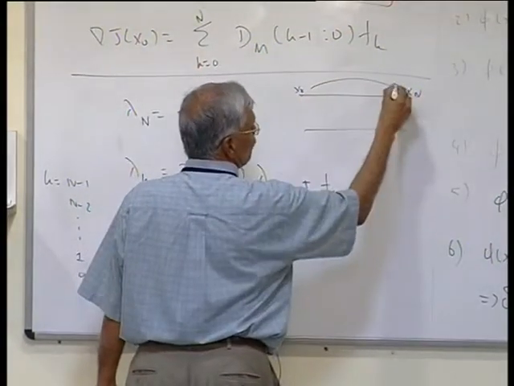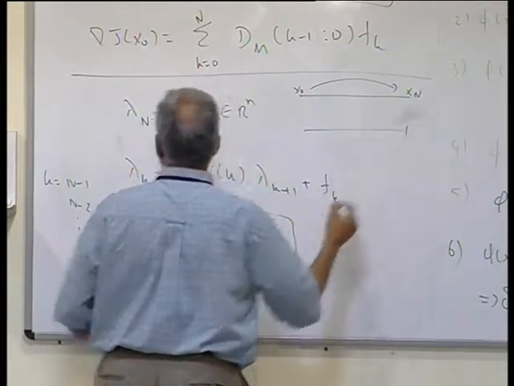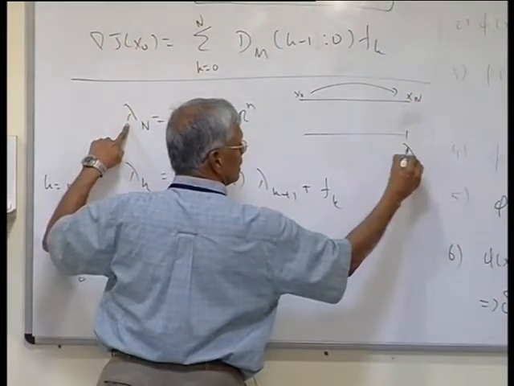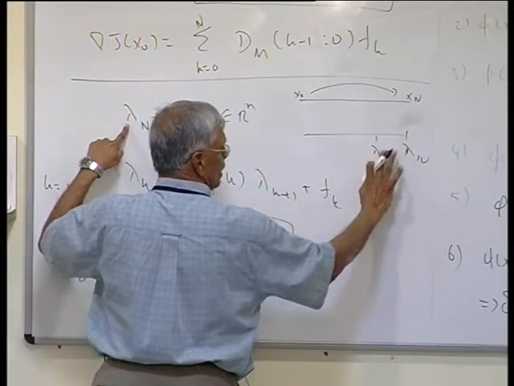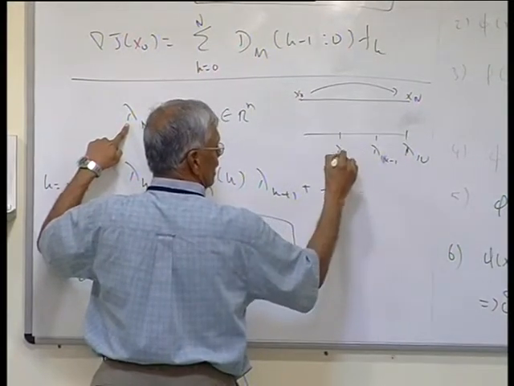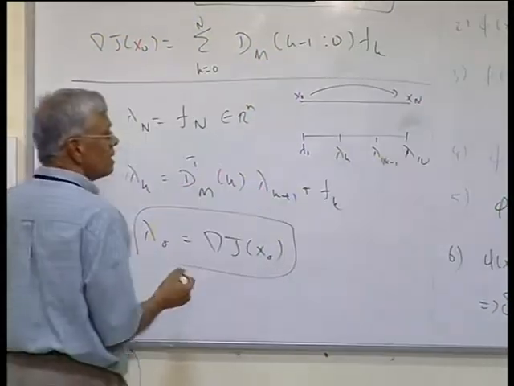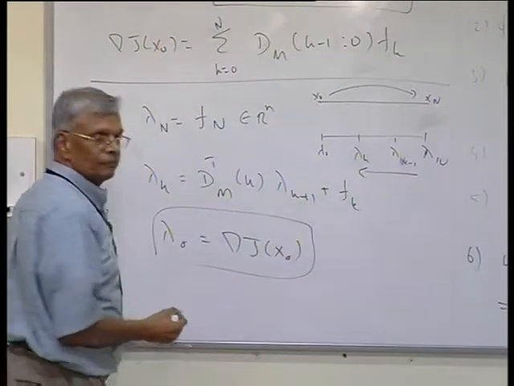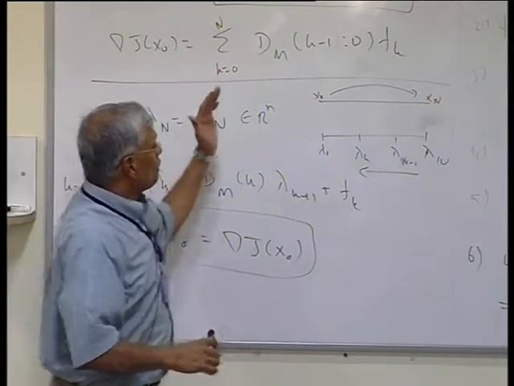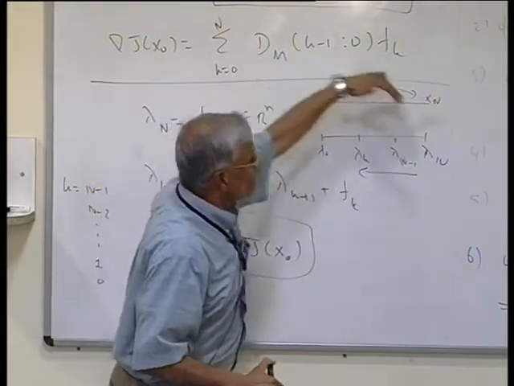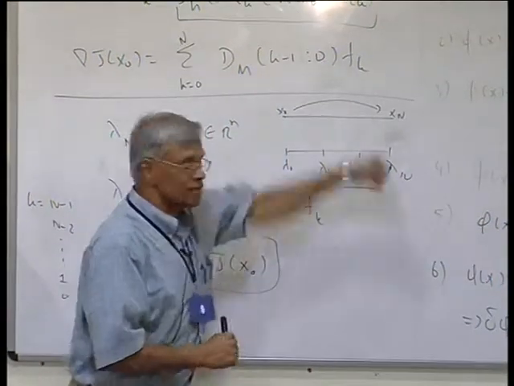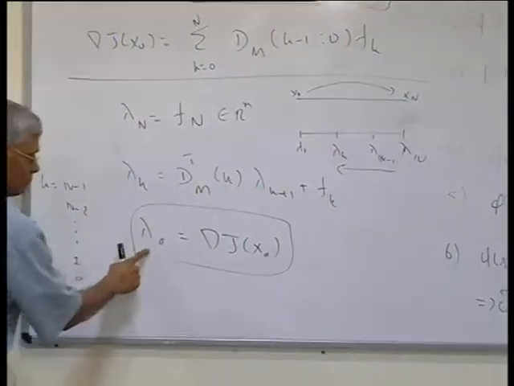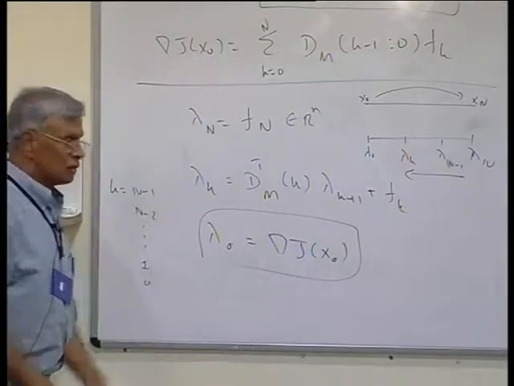So the model runs forward. Now here I'm starting with lambda n, and I'm computing one at a time: lambda n minus 1, lambda k, lambda naught. So that's the backward run. Using the forward run and the backward run, once I get lambda naught, which is equal to delta j of x naught, the gradient.